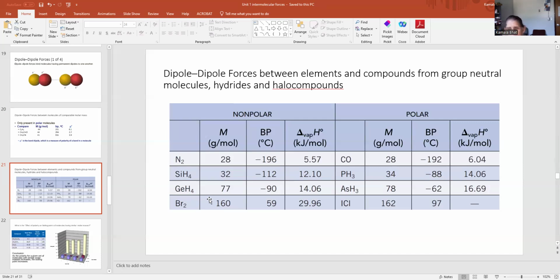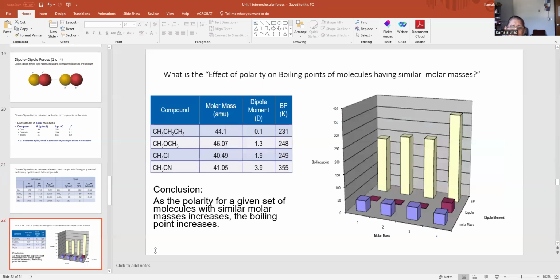There is no heat of vaporization measured for it. So if you look at the effect of polarity on boiling points of molecules having similar molar masses, we see a nonpolar compound, CH3CH2CH3, with molar mass 44.1, dipole moment 0.1, and boiling point 231.